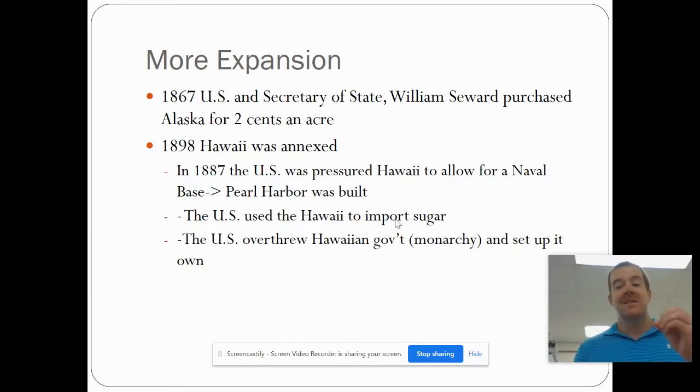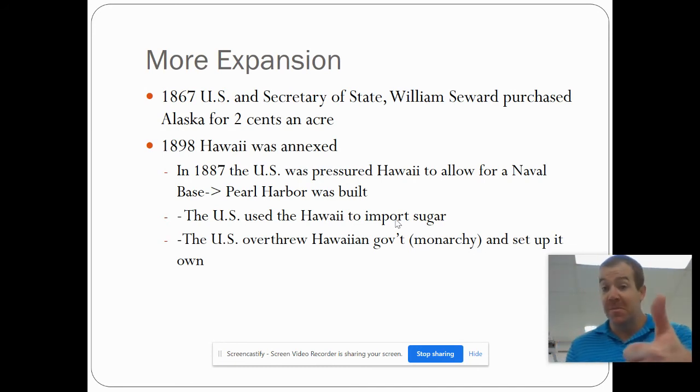In 1898, the United States annexed Hawaii. And why? So, reasons for annexing Hawaii. One is because they saw Hawaii as a naval base. And boom, they built Pearl Harbor there in Hawaii. And we're going to study Pearl Harbor with a certain incident that happened there later in the semester. But they built a naval base.